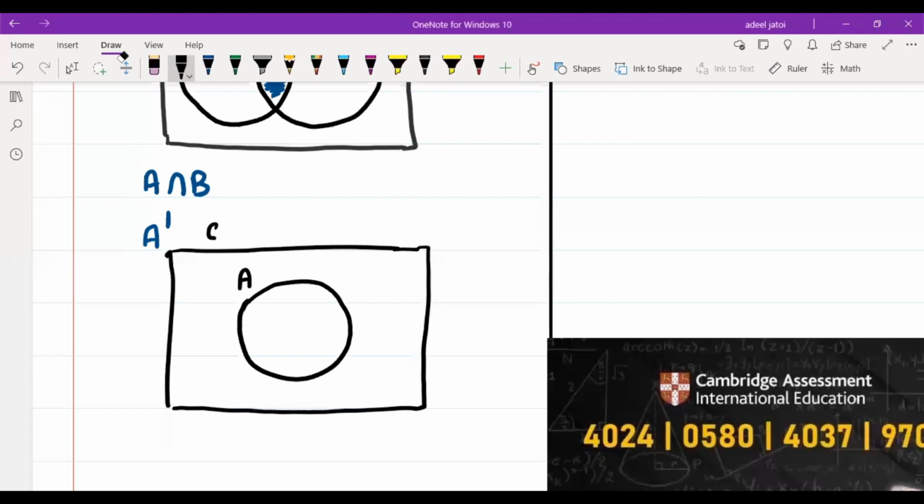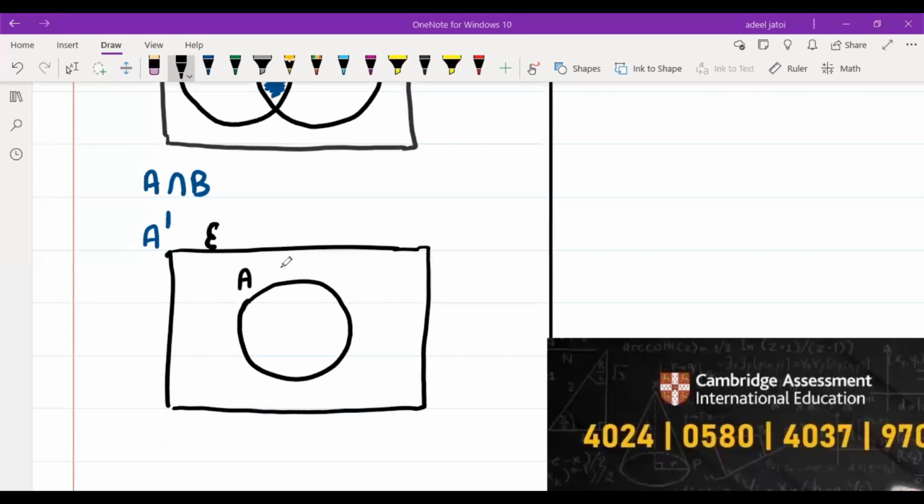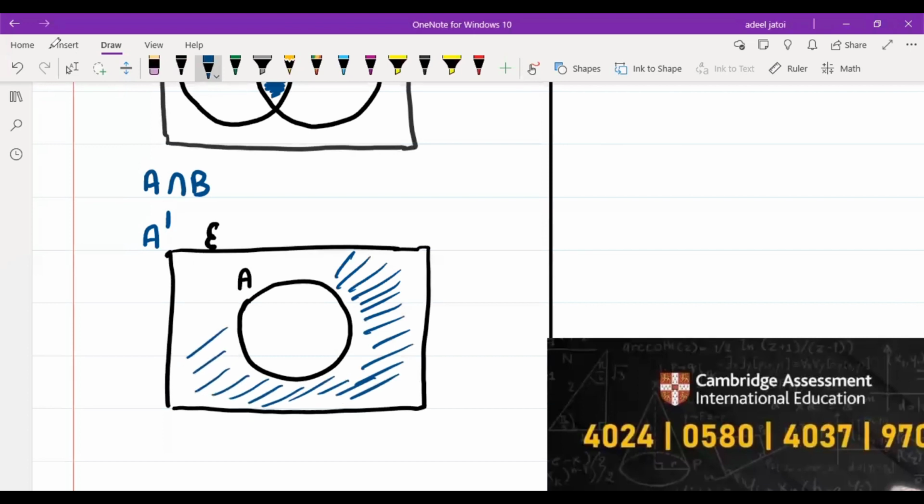So A complement will be not part of A, all the values other than A. So outside the circle will represent A complement because it is not part of A, but it is part of the universal set. So we will shade the outer part of the circle, which will represent A complement.